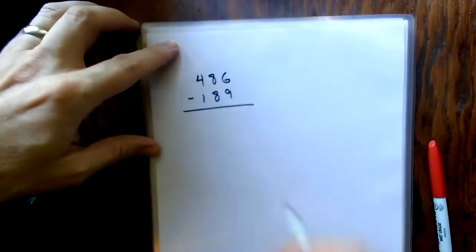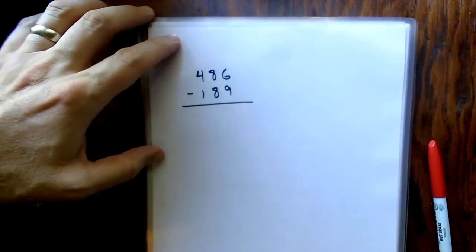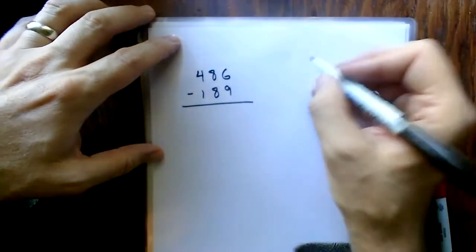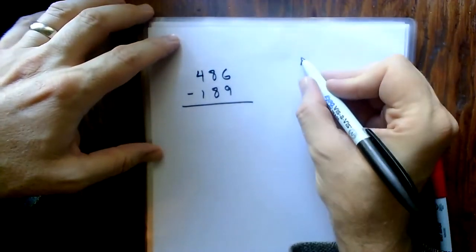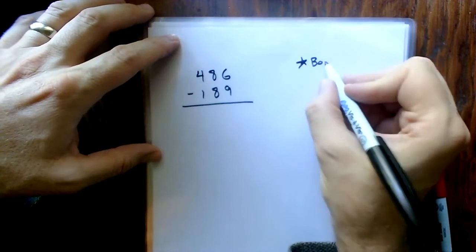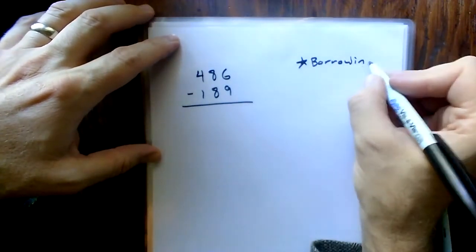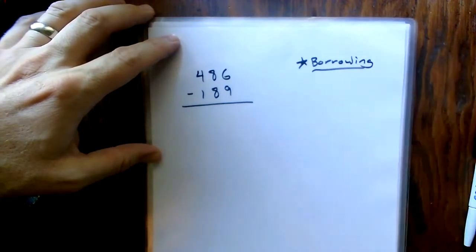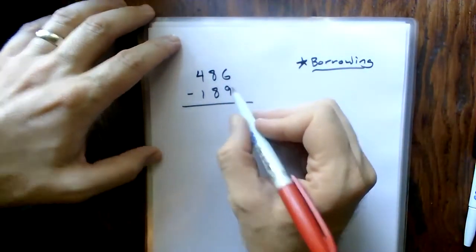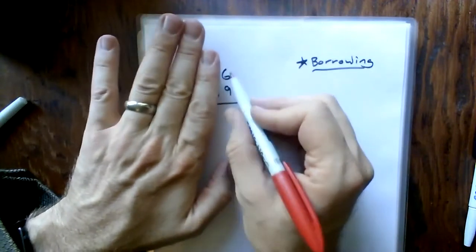And I'm being kind of mean when I do this. To borrow means that the number above isn't big enough to subtract from. 9 is bigger than 6.